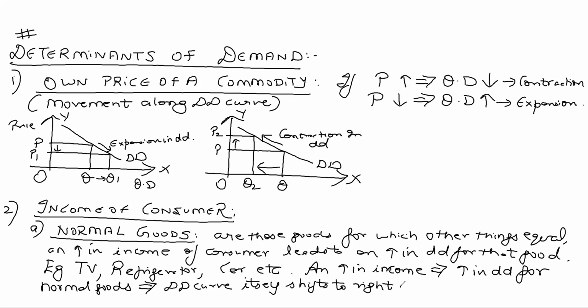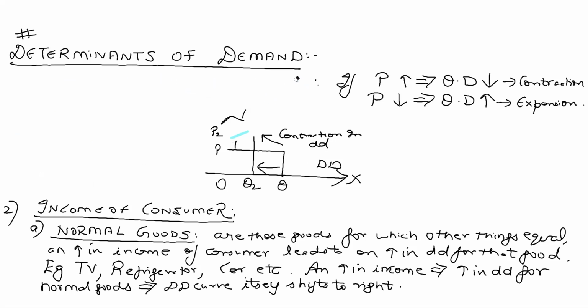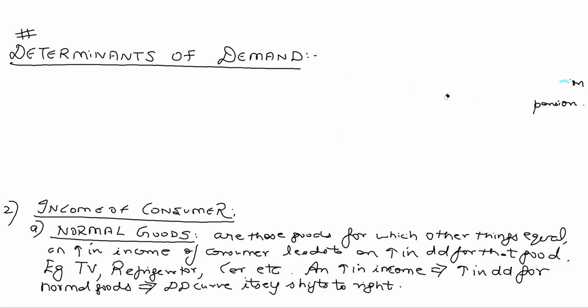Now there will not be movement along the demand curve. Now the demand curve itself will shift. If your income goes up, at the same price you start demanding more. So if I look at the diagram for this, I'm erasing the initial part. Let's look at the diagram. So for part 2a, the diagram is as follows.